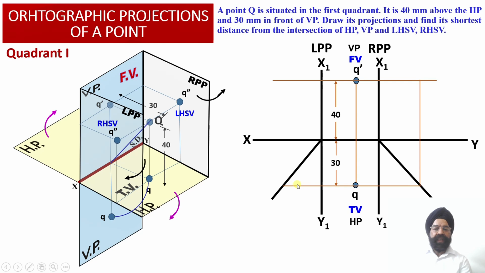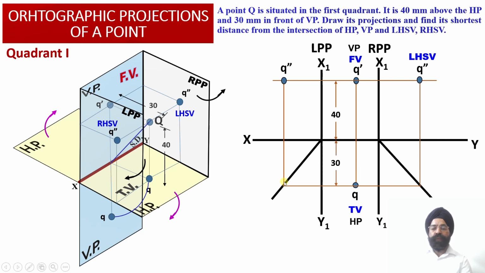Wherever this horizontal projector line emerging from the point Q into the left hand profile plane intersects with this transfer line, one vertical projector line we now have to obtain. We can check this vertical projector line: it exists at a distance of 30 millimeter from the vertical plane.